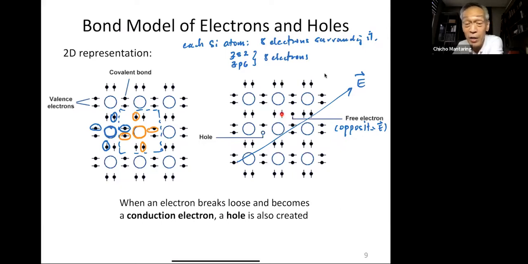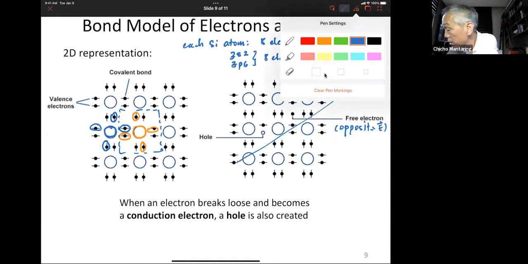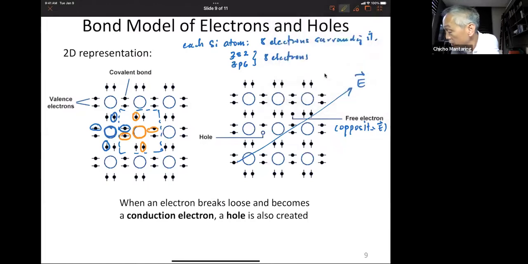It does not have enough energy to go into the conduction band, but it has enough energy to transfer to this hole. So it is possible for this electron to move to this hole. So this electron moves here, and this is now your new hole.